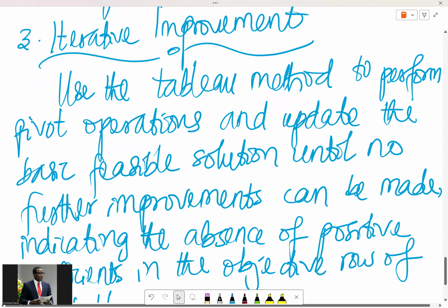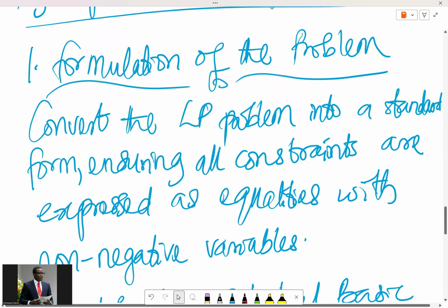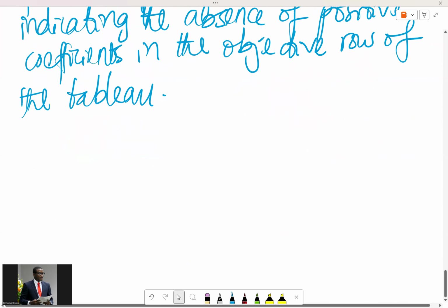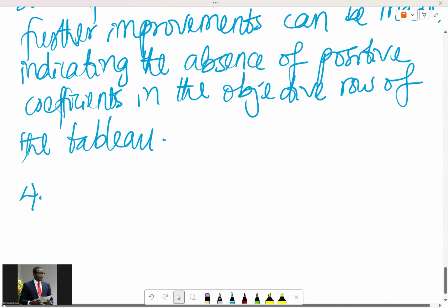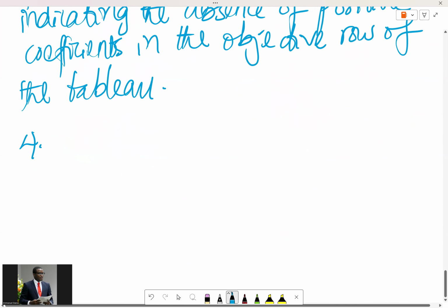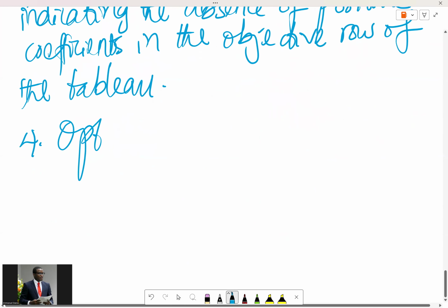Then the fourth key step will be about the optimality check. Of course, we have hinted a bit on that in step 3, but let's see clearly here. Optimality check.